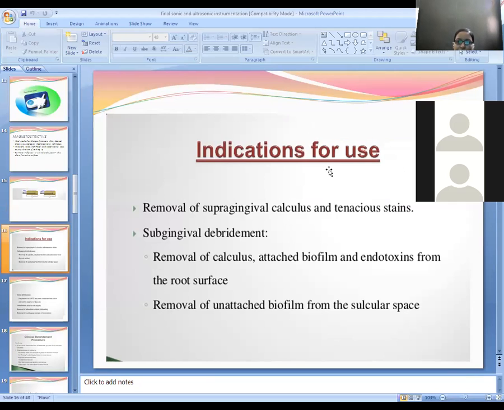What are the indications for use? They are used for the removal of subgingival calculus and tenacious stains, subgingival debridement, that is the removal of calculus, attached biofilm and endotoxins from the root surface, and the removal of unattached biofilm from the crevicular space.